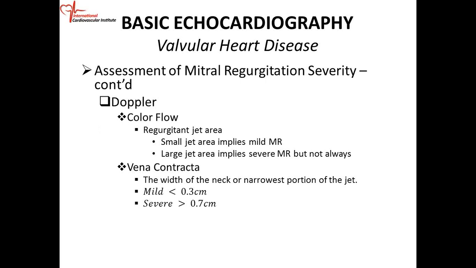And that is how we come up with the EROA. The EROA is actually the area through which the regurgitation is occurring. EROA, effective regurgitant orifice area. But if you were just to measure the linear width of that regurgitant area.